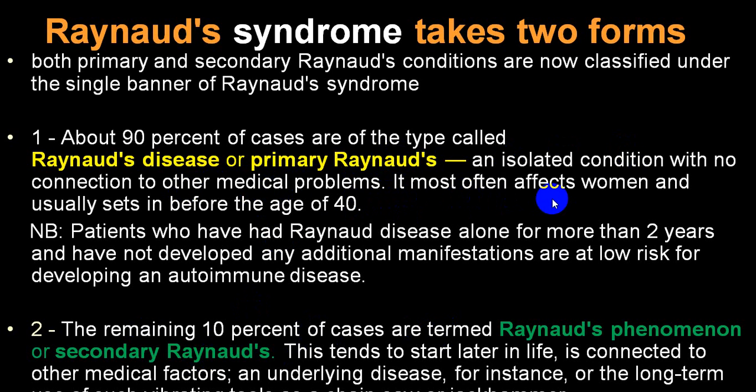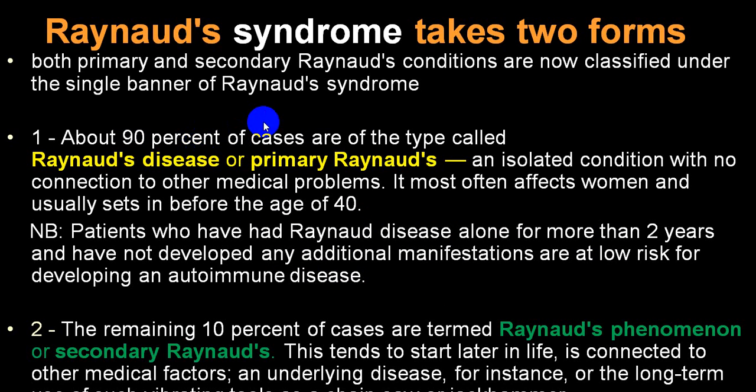It most commonly affects women before the age of 40, and the disease is present for more than 2 years without any additional manifestation, and they are at low risk for developing autoimmune disease.